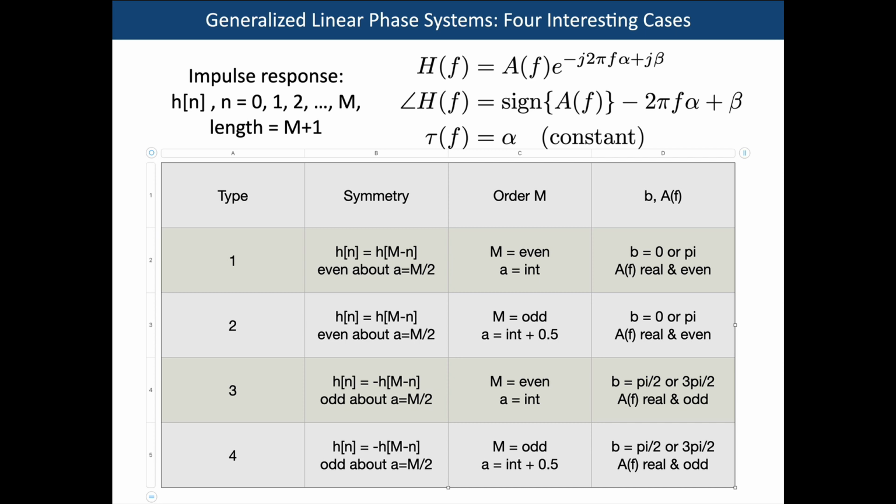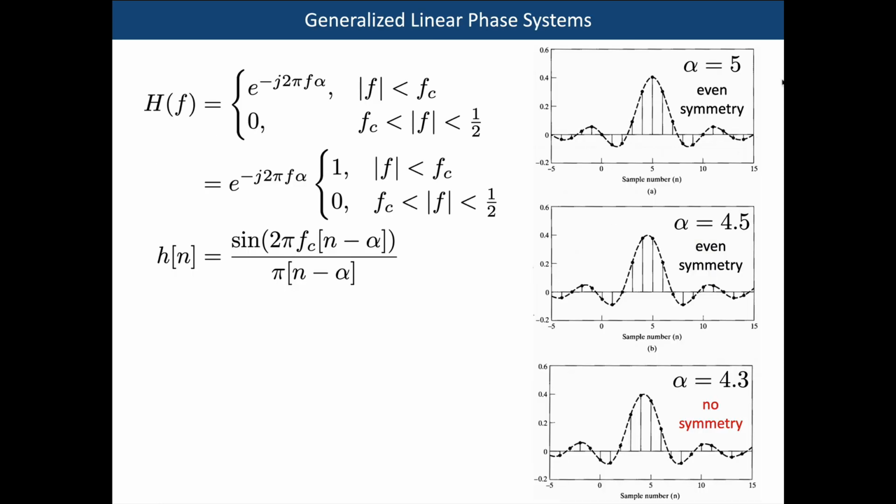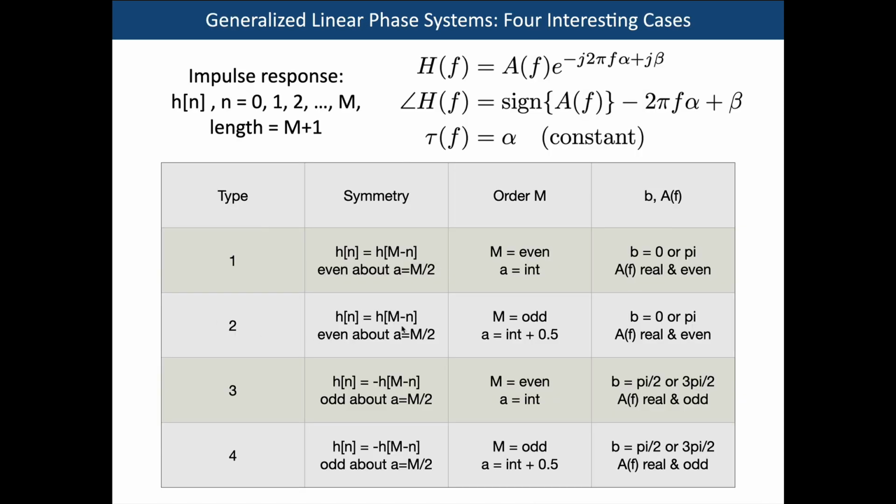This harkens back to these ideas here. We want alpha, which is M over 2, half of the order, to be either an integer or an integer plus 1/2. We can obtain this if the order, which is 2 times alpha, is always constrained to be an integer.